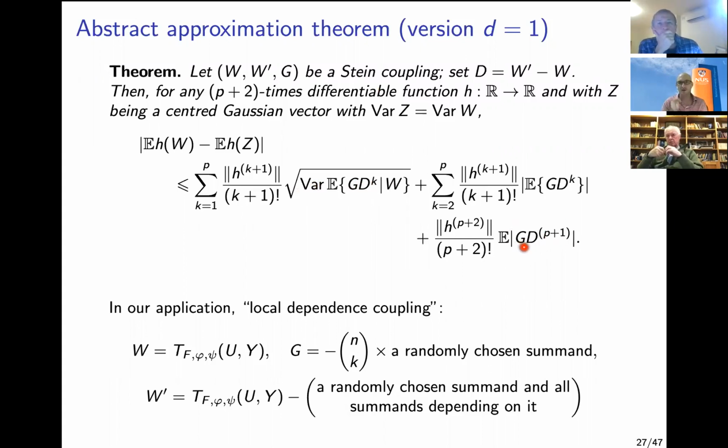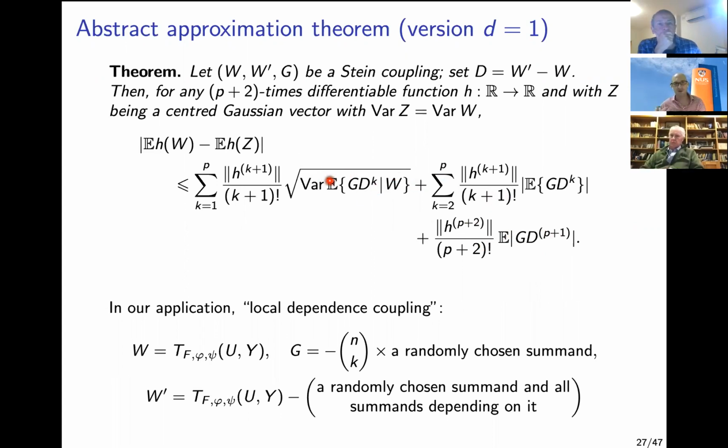You cannot exploit the fact that these things are uncorrelated. So this is the problematic one. For a reason that I don't fully understand, by cranking up the moments here high enough, this term becomes small enough so that we get this convergence like 1 over square root of n, at the cost of having intermediate terms.